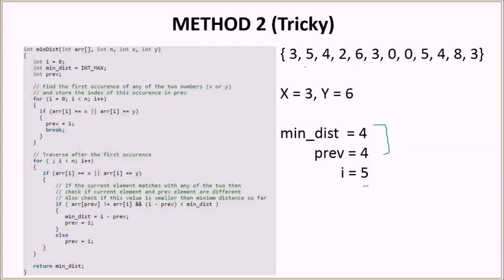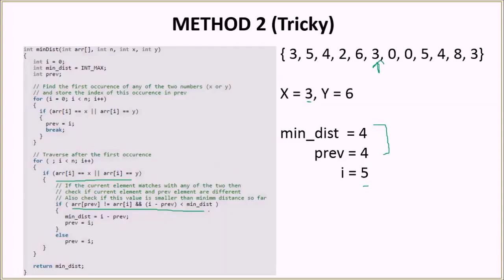i is 5. So 0, 1, 2, 3, 4, 5. We come to 3. Okay, so now we have found x here. The previous, array of previous, was actually array of 4, that was 6.